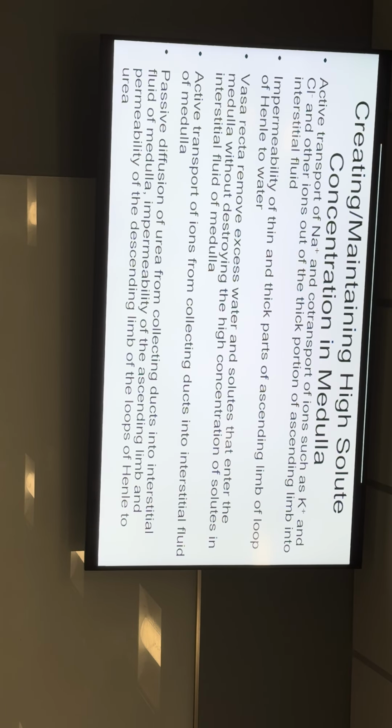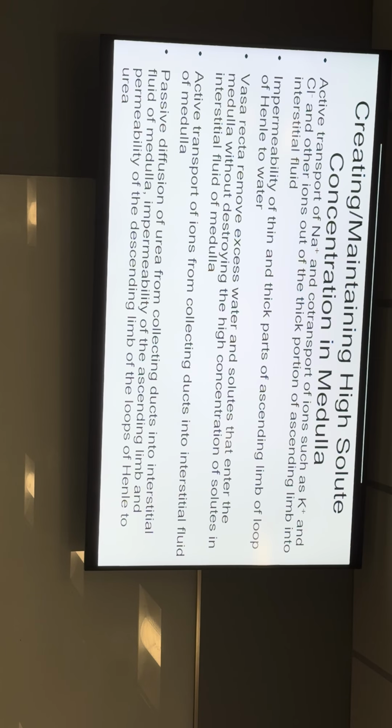Okay, so within the loop of Henle, we do have active transport of things like sodium, potassium, chloride out of your filtrate into your kidney. So you're secreting it out, reabsorbing it. And that does a little bit in the loop of Henle.